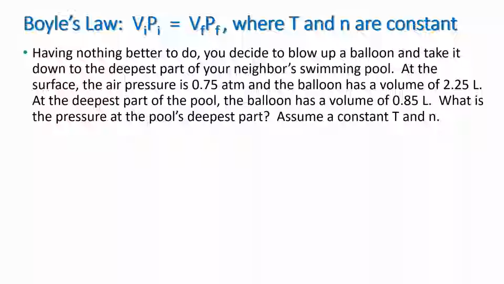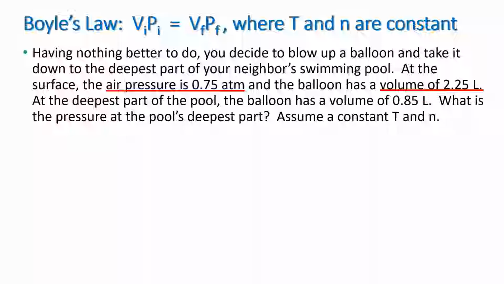So in this scenario, we blow up a balloon at the pool's surface and then take it down to the bottom of the pool and see what happens. Our initial values of pressure and volume are going to appear at the surface, and our final pressure and volume will be at the pool's bottom. So that's the change that's happening in this scenario. First, we're given the pressure at the pool's surface, and that comes in at 0.75 atmospheres.